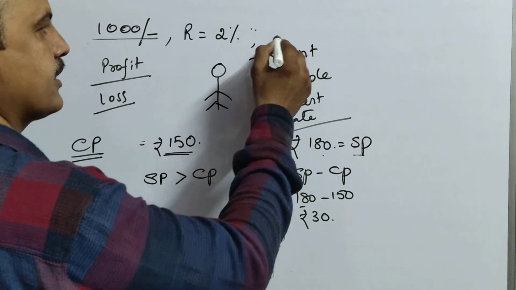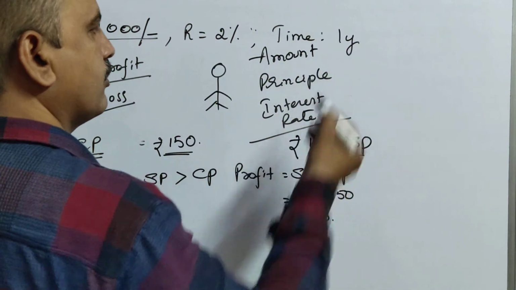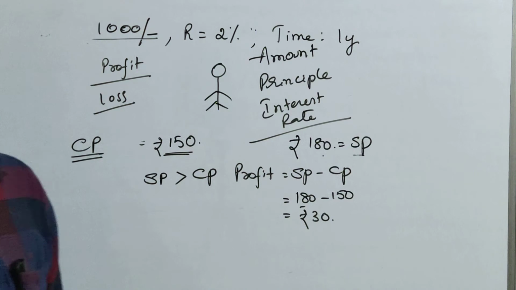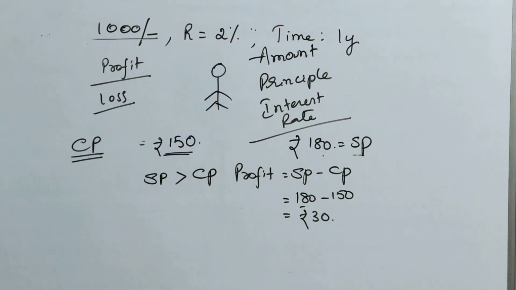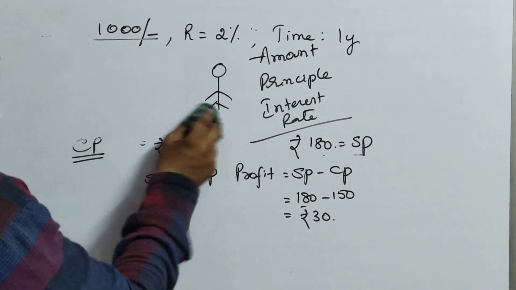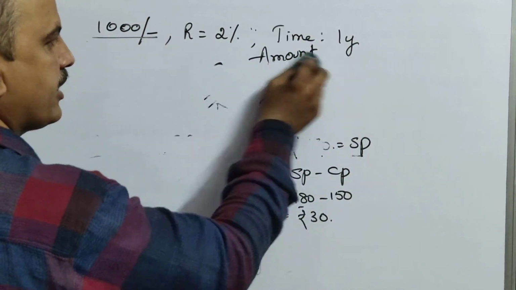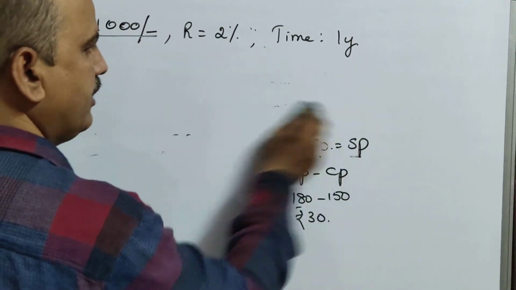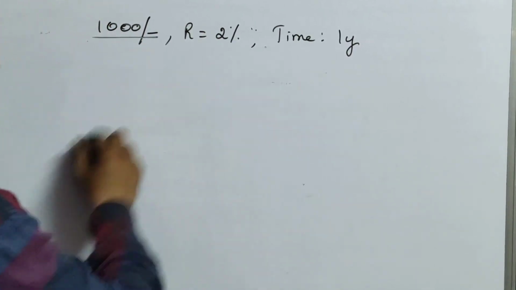The time he gave is 1 year. So he gave a time of 1 year and a rate of 2% interest. And how much has he given? Principal, 1000 rupees. Principal means the amount which he has given from his pocket to another friend.